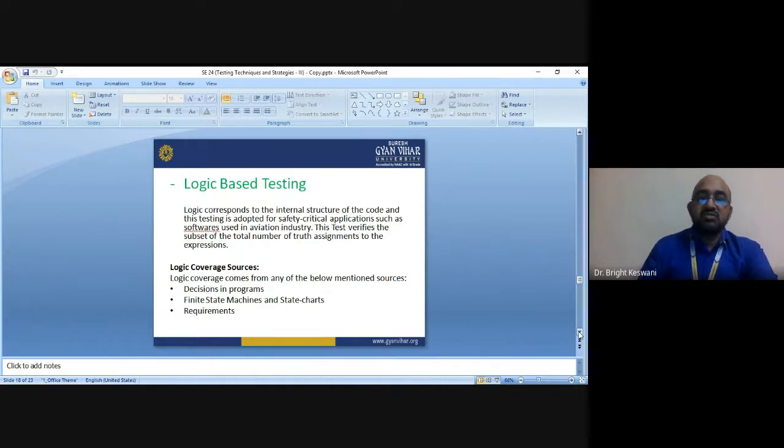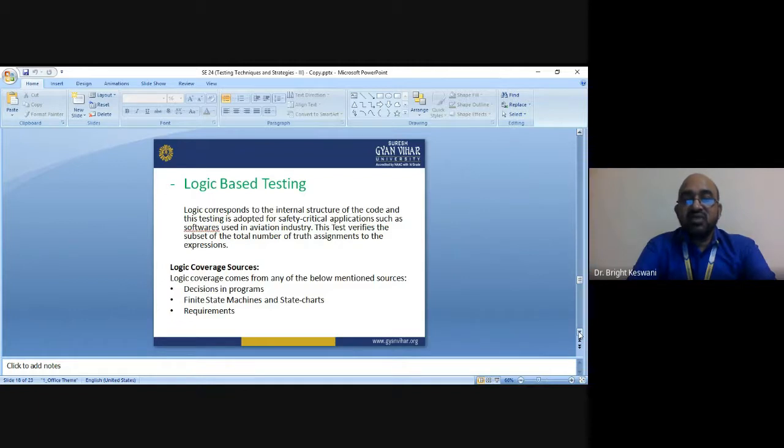Logic corresponds to the internal structure of the code, and this testing is adopted for safety critical applications such as software used in the aviation industry, because you already know that software developed for DRDO or ISRO or scientific, aviation or defense purposes is very crucial, very sensitive in nature, and is called critical applications.